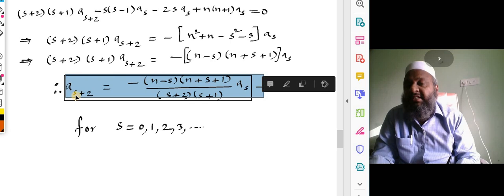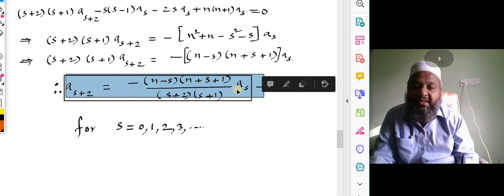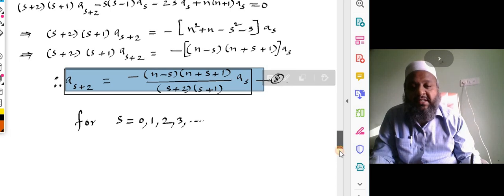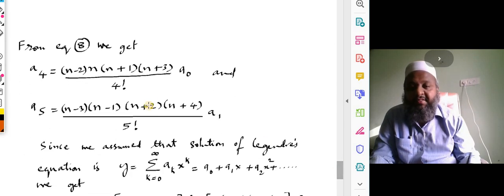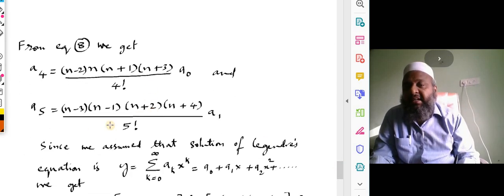Now substitute s is equal to 0, a2 comes in terms of a0, that you can verify from the previous one, and if you substitute s value 1, you will get a3 in terms of a1. Now using this, if we calculate a4 and a5, we get in this way.